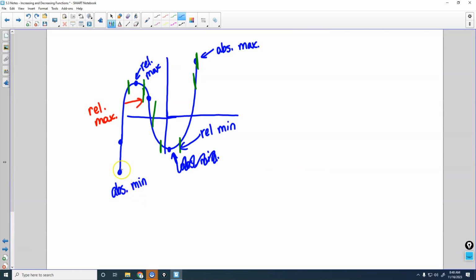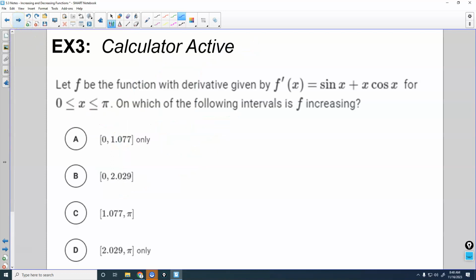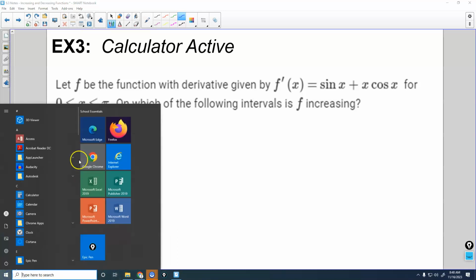If you want to make this one relative, curve it back up. Actually, this would still be absolute. All right, next problem. You could spend a long time looking at things that they're not going to ask us about, so let's not.